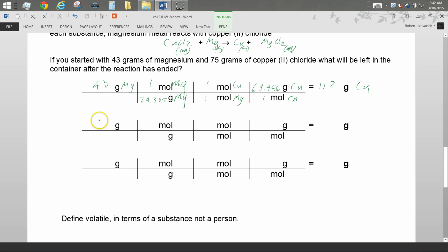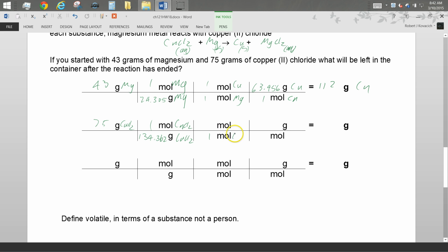All right, so then I'm going to put 75 grams of CuCl2. CuCl2, 1, and it's 63.456 plus 35.453 times 2, so that's 134.362.